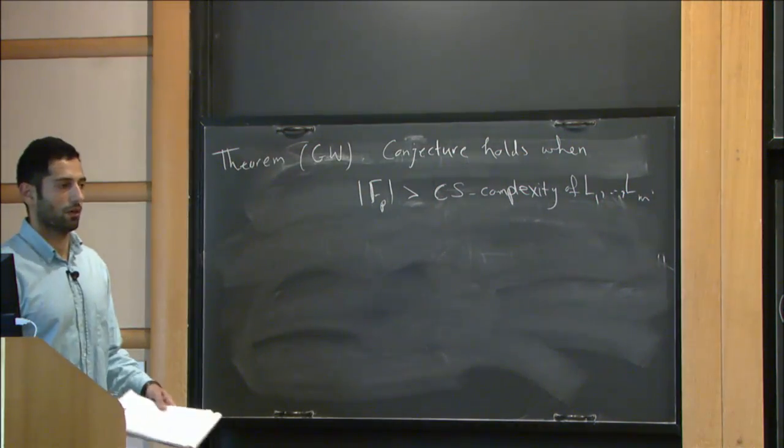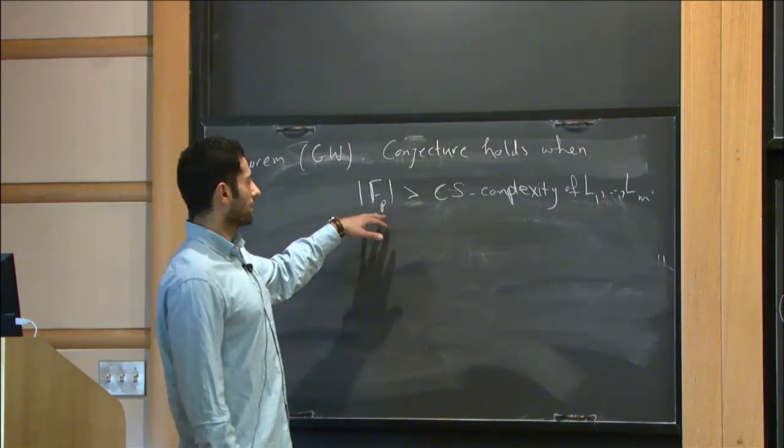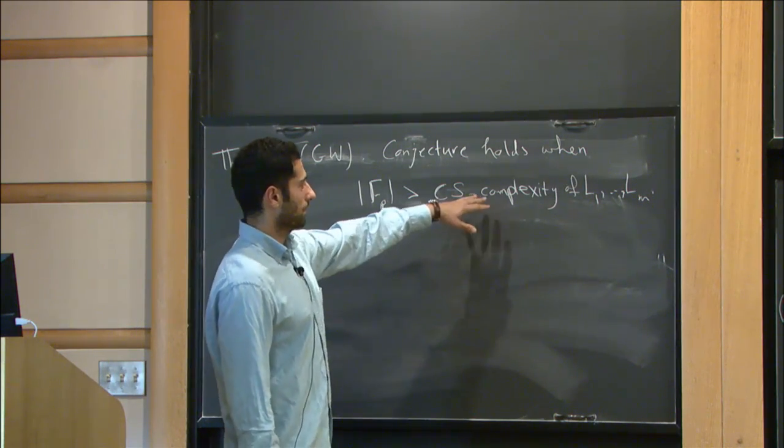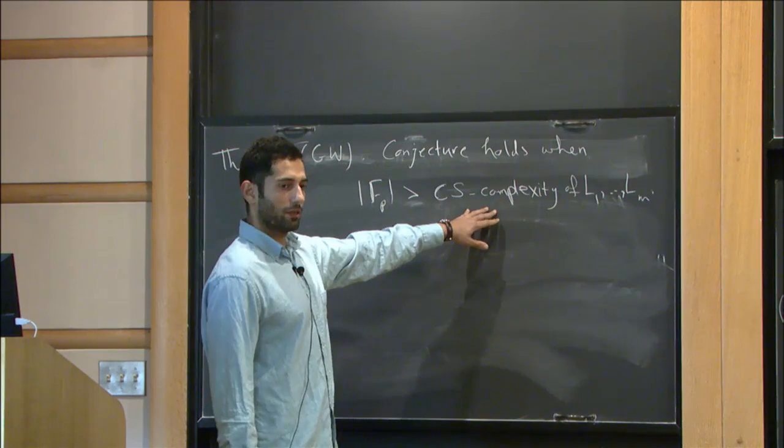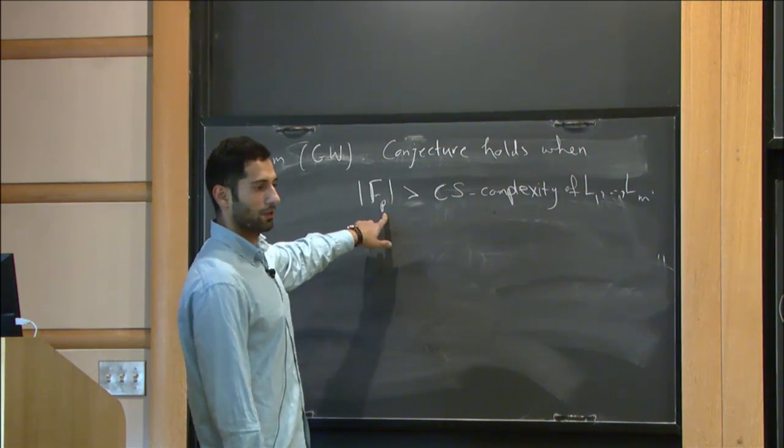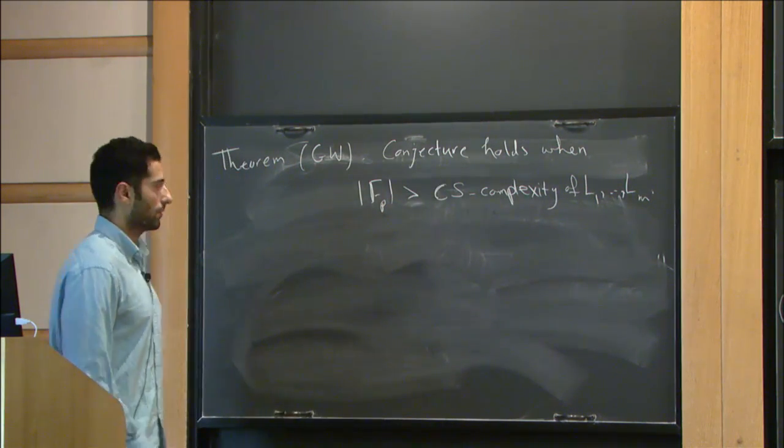However, this is a very strong assumption to make. So we are requiring the Cauchy-Schwarz complexity to be constant, and then we're requiring p to be larger than the Cauchy-Schwarz complexity.